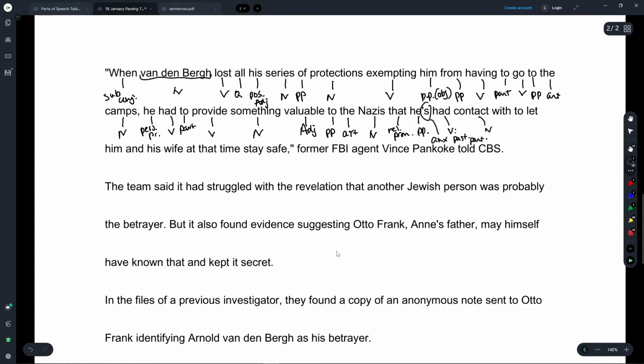contact, noun, with, preposition, to, particle, let, verb, him, personal pronoun, in this case again in object position, and, conjunction, his, possessive adjective.